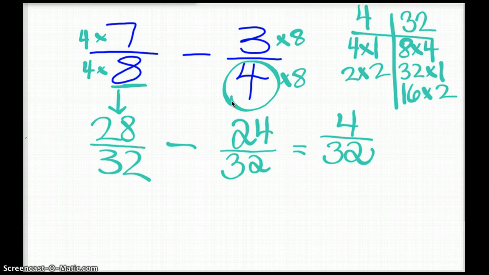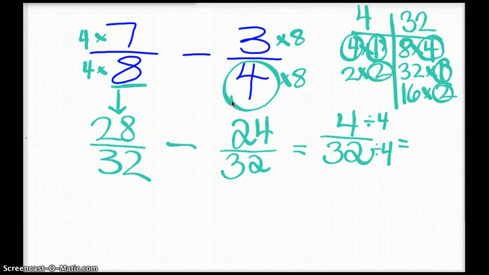They both have a 1, they both have a 2, and they both have a 4. So what is our greatest common factor? 4. So we're going to divide top and bottom by 4 to get 1/8.